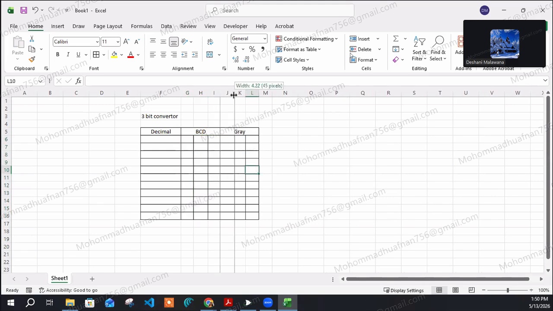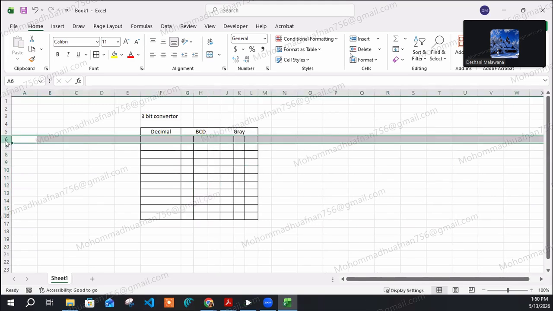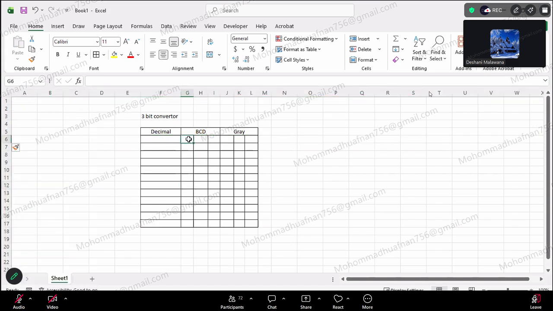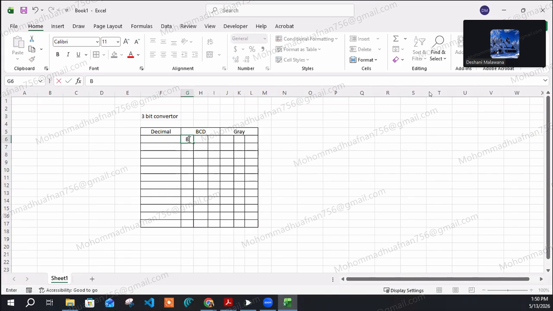Then here also 3 bits. And I will take another one from here and mention it as binary. I will take it as B2, here B1, and here B0. In here I will take G2, G1, then G0. So I am considering 3 bits.